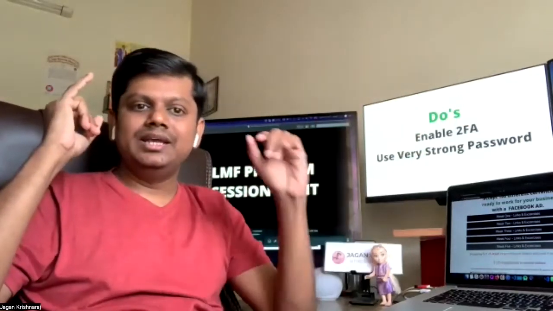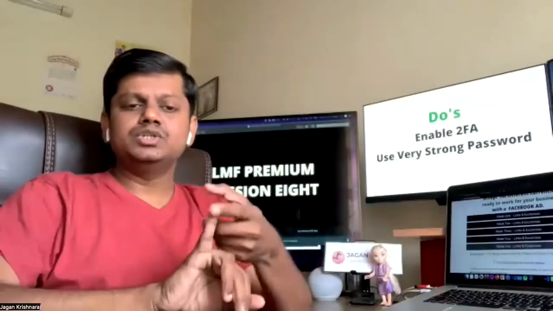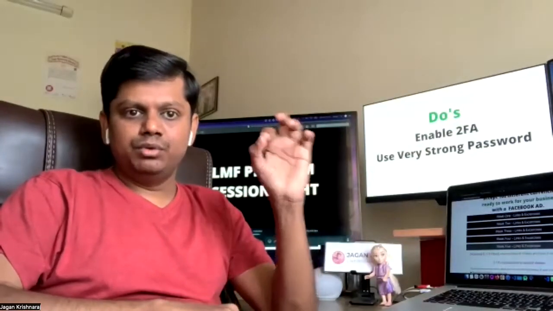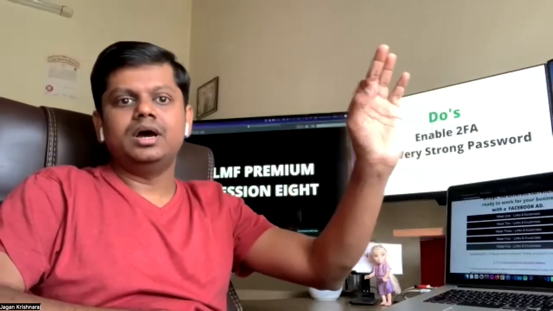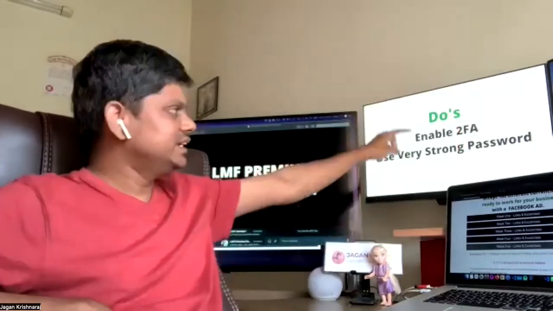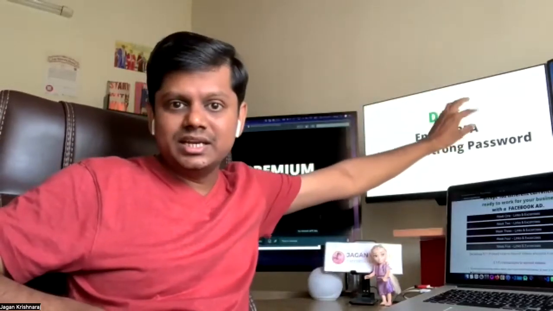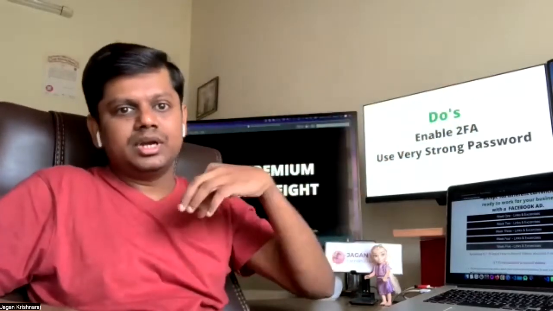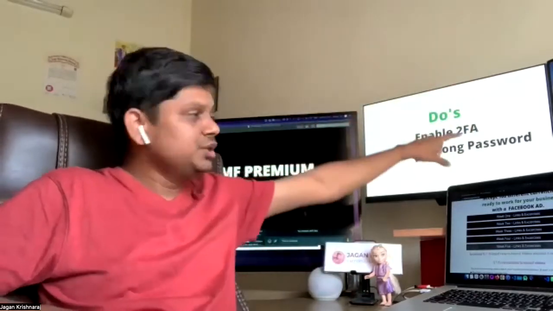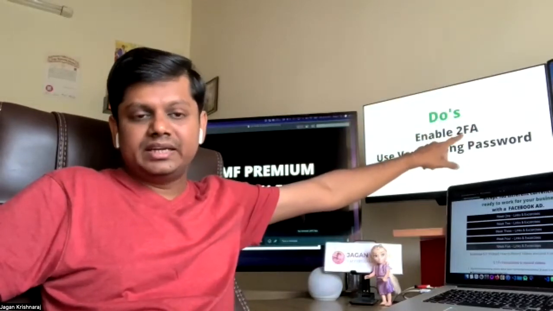Whatever account, not only PayPal, Instamojo, whatever account where you give the credit card, if you give a credit card to any online account, you should always enable two-factor authentication. This is a standard. If anyone is asking for your credit card, they should have the security technology, else they cannot ask for your credit card.